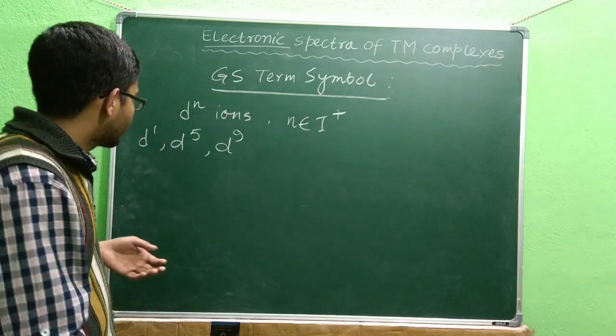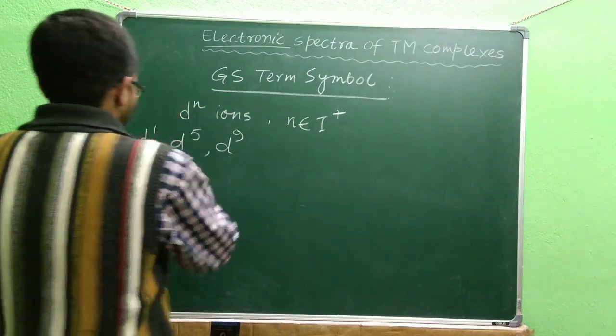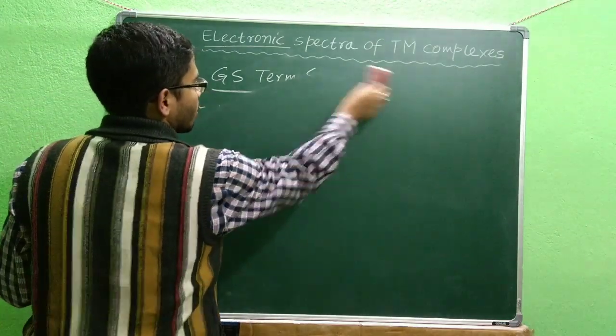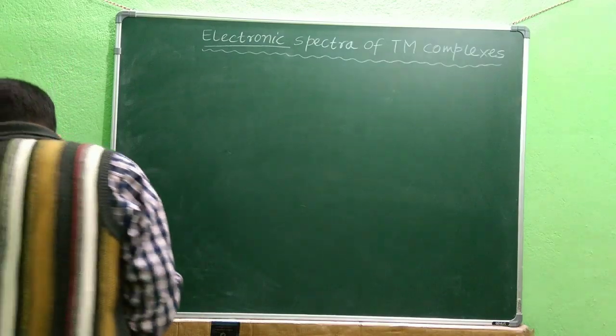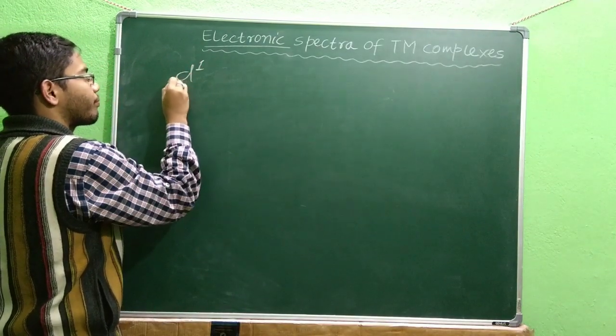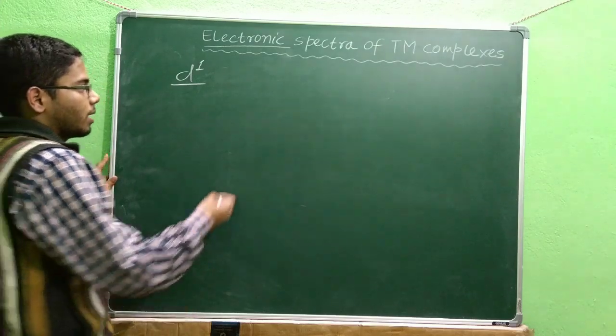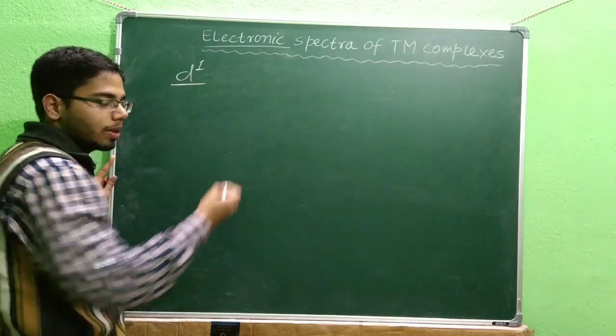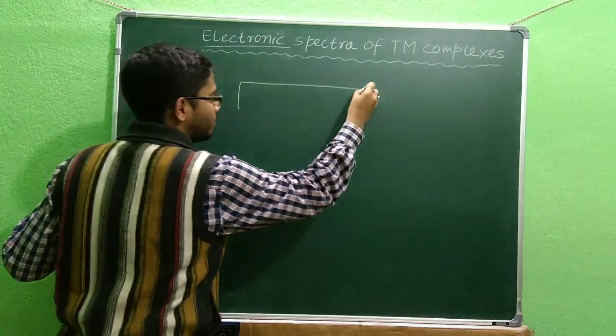So let's get started. d1: how do we compute it? You know there are 5 d orbitals.